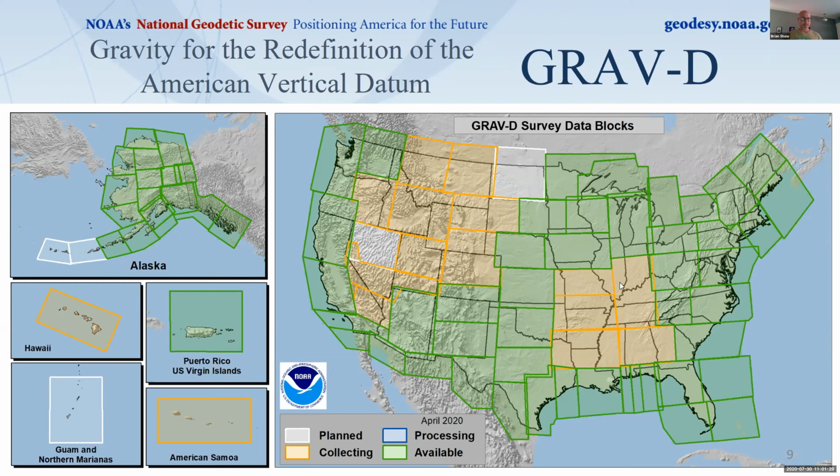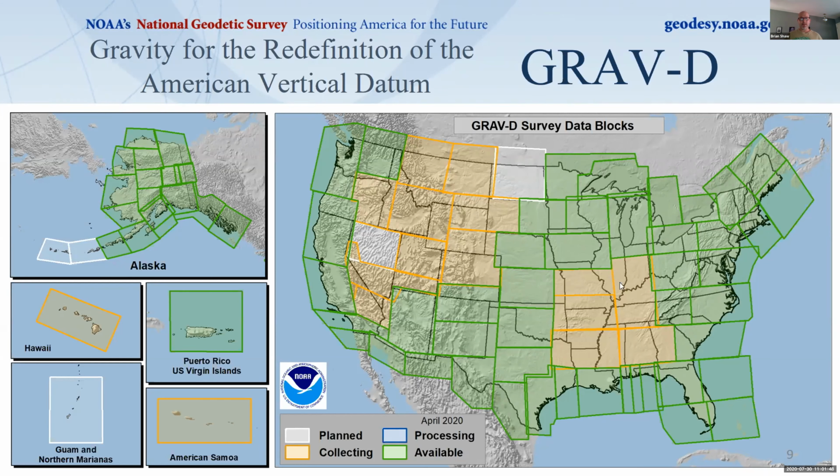Since that time, we've been going across the whole US, and you can see all of the green blocks are all of the completed data blocks. The orange blocks are where we're still collecting data, although many of our surveys have been put on hold. We're working on figuring out a way to safely do that nowadays.